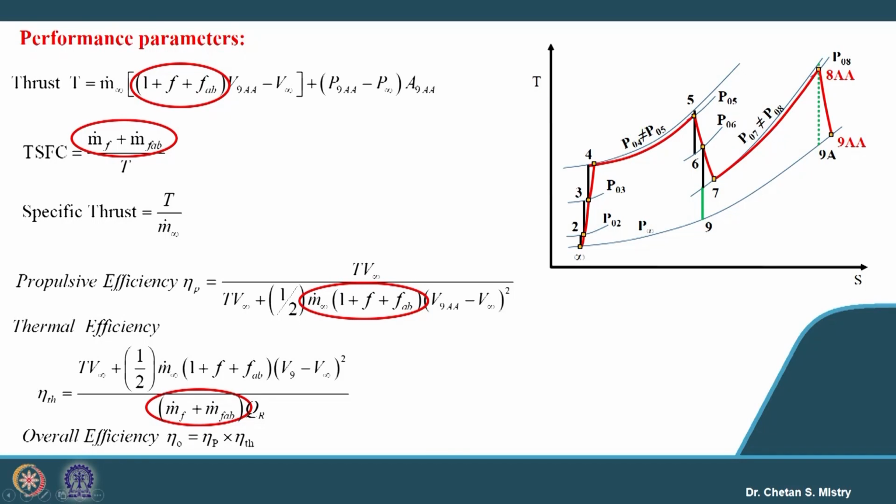The same logic, the same process, is applicable for the single spool configuration also. What all changes will happen in performance parameter calculation are given in terms of my thrust specific fuel consumption, propulsive efficiency, thermal efficiency and overall efficiency.